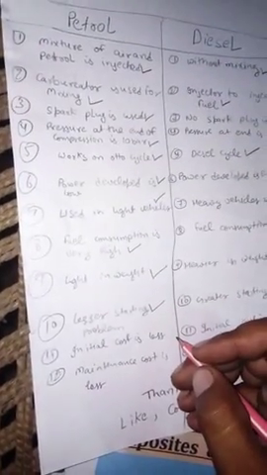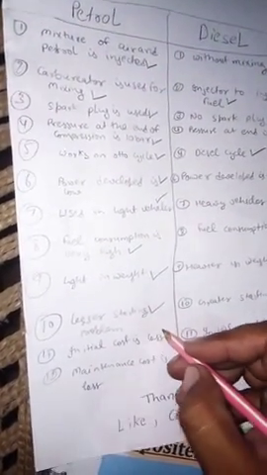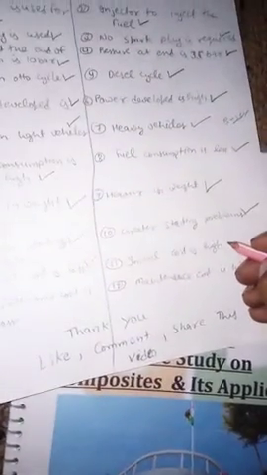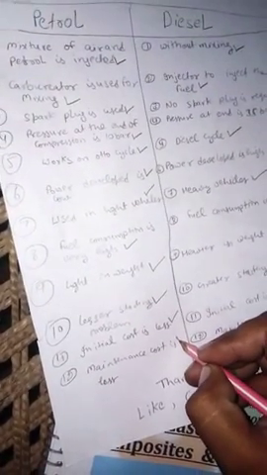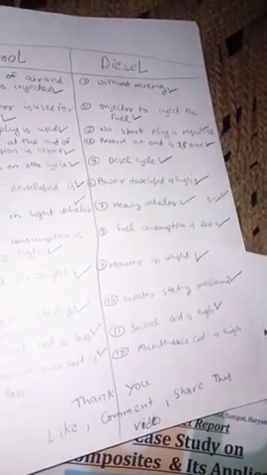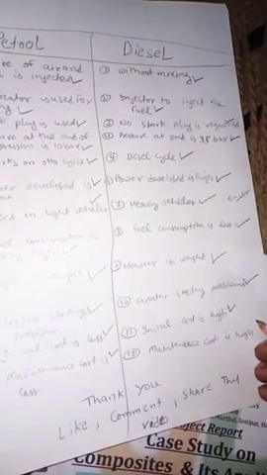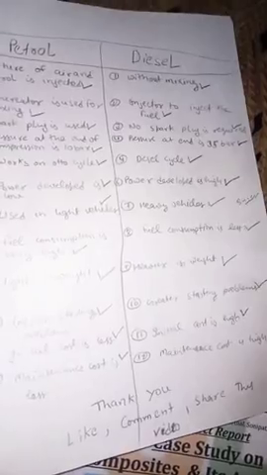Now 11th one is initial cost. The petrol engine's initial cost is less, and the diesel engine's initial cost is high. Now 12th one is maintenance cost. The petrol engine's maintenance cost is less, or services are lower cost. And for diesel engines maintenance cost is very high.